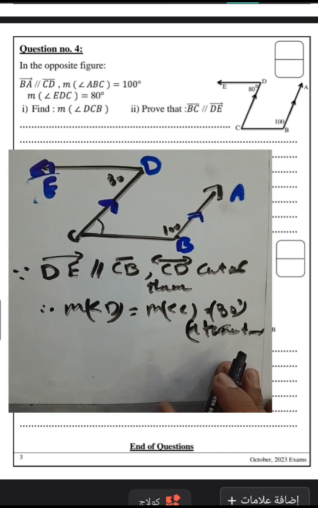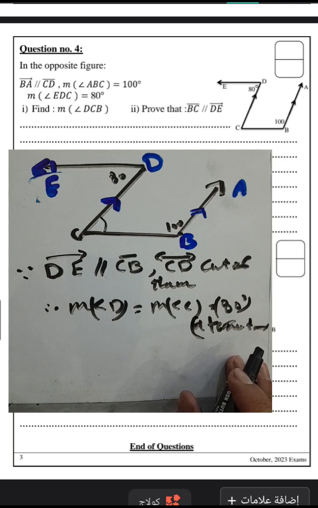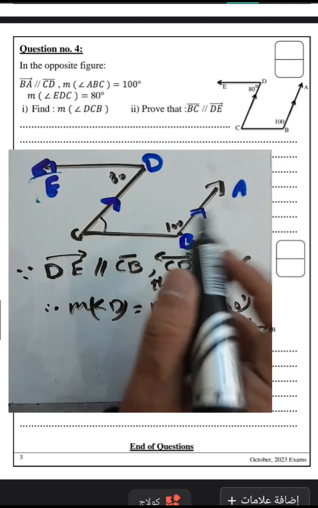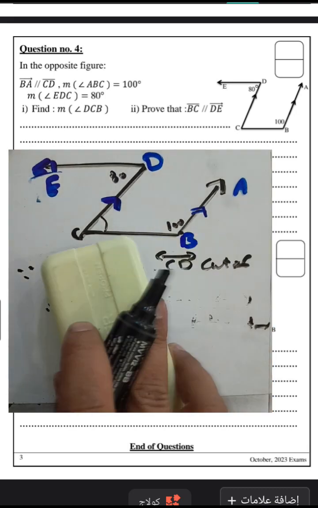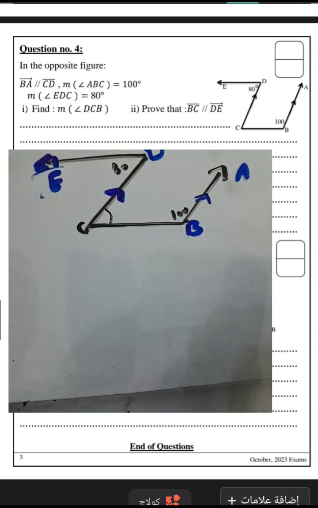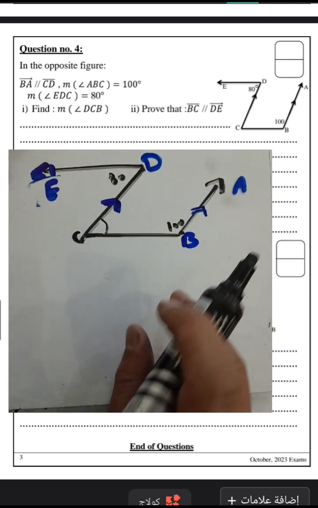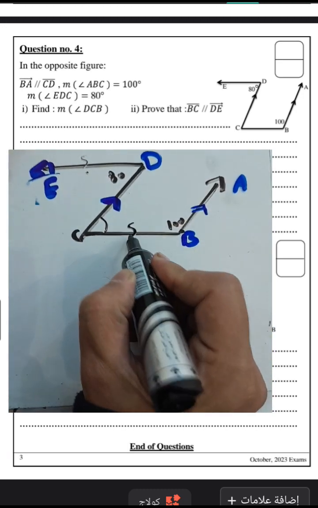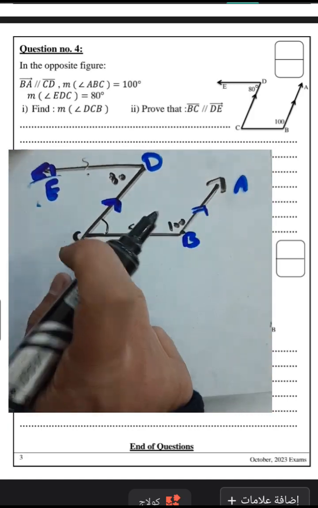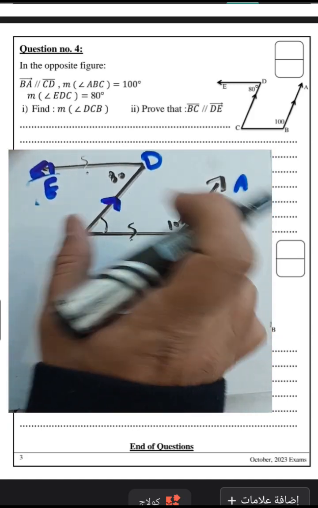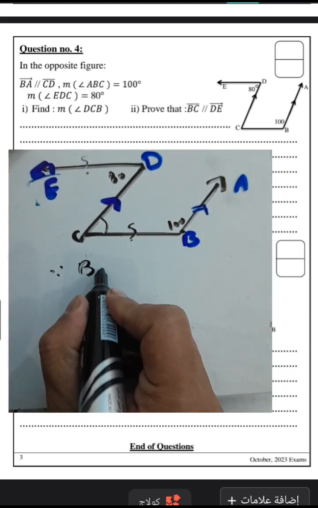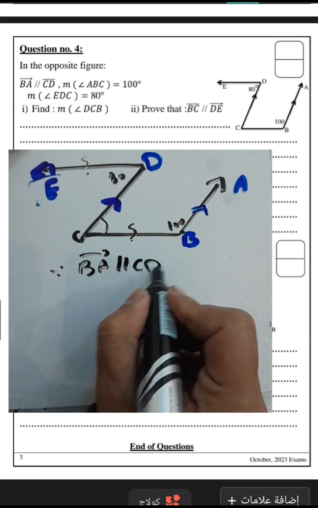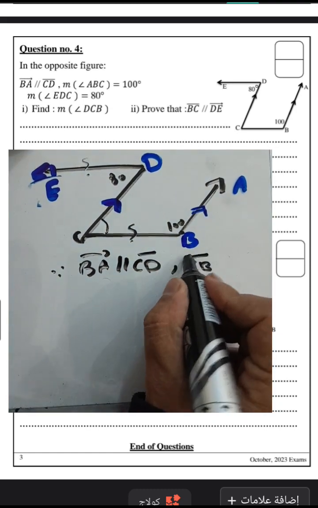But don't solve this example by this method. Why? Because we want to prove that this side is parallel to the other side. First step, we find the angle from this parallel, because DE is not yet known to be parallel to BC. Here we are given that PA is parallel to CD, and CP cuts them.